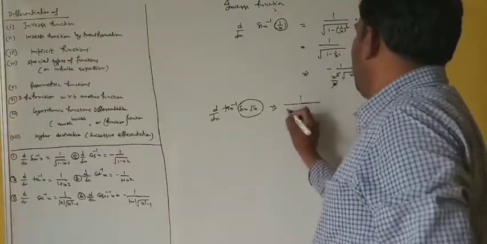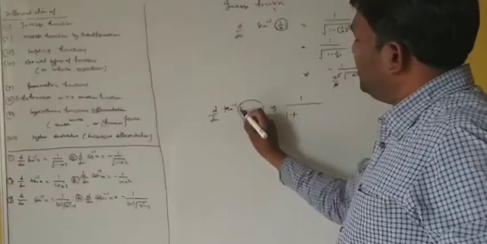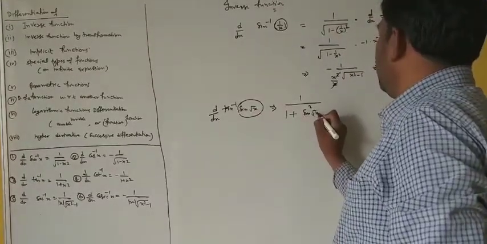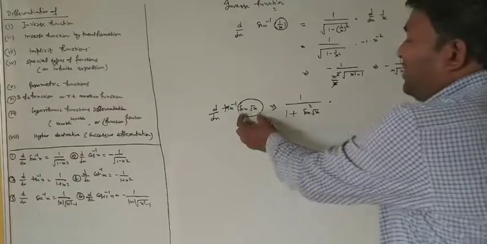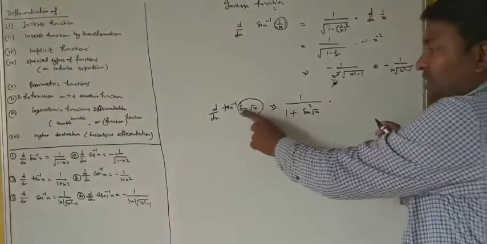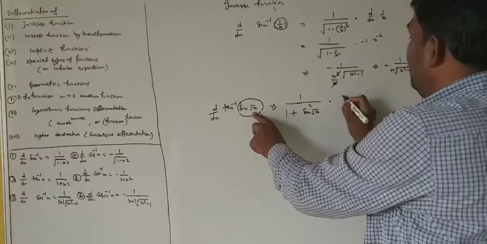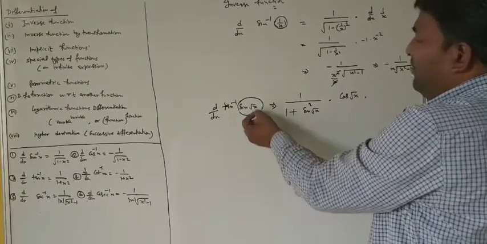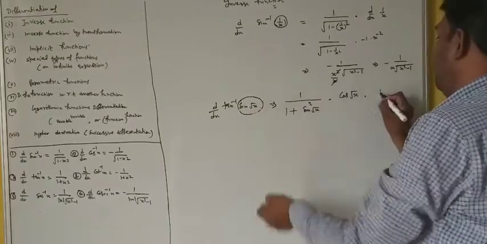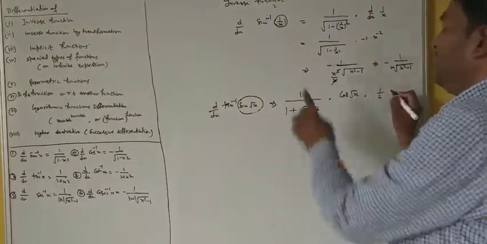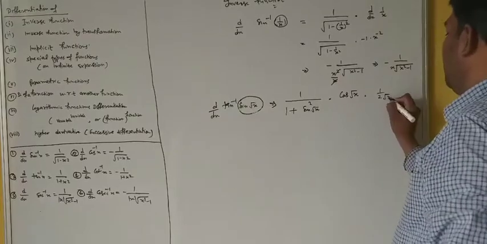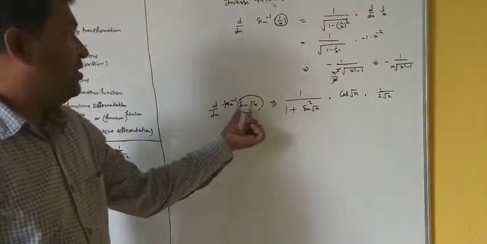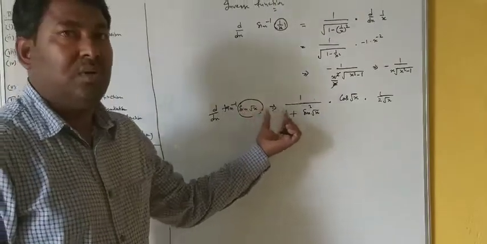So 1 upon 1 plus, at the place of x what will you put? Sin under root x. So sin square under root x, into differentiation of sin under root x. Differentiation of sin is cos under root x, into differentiation of under root x, which is 1 by 2 x power 1 by 2 minus 1. So this is your differentiation of tan inverse sin under root x.